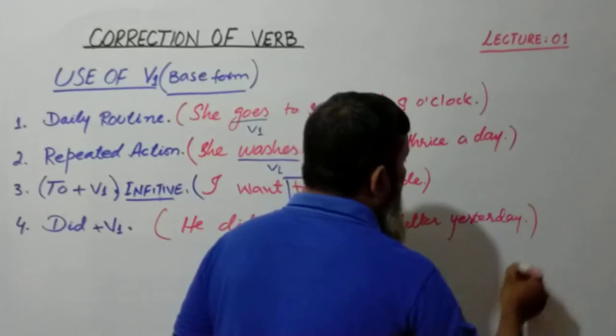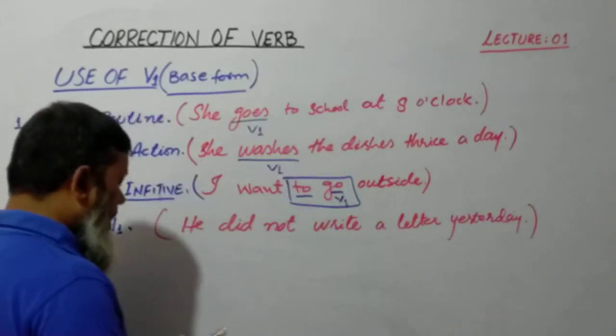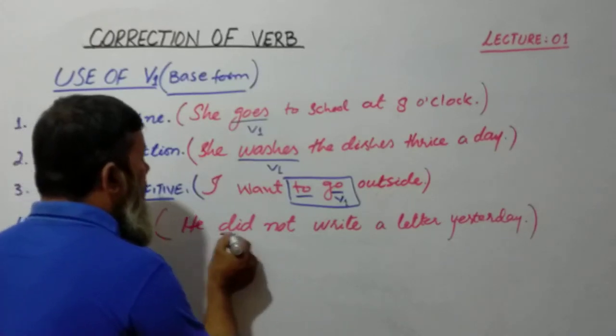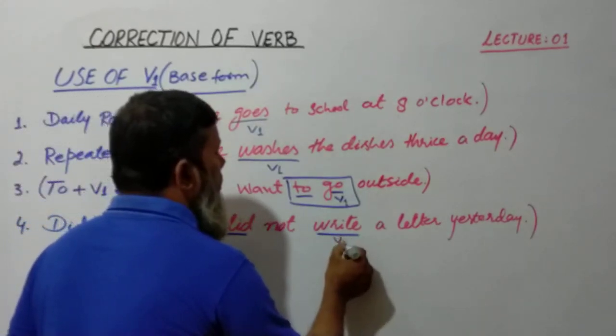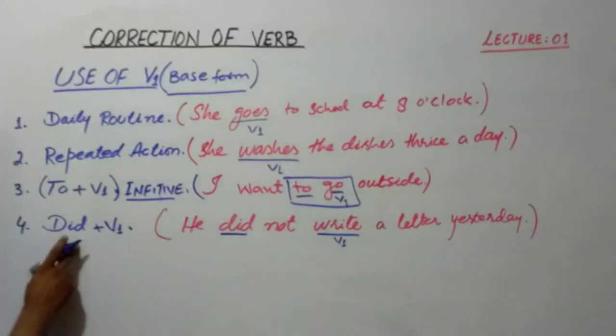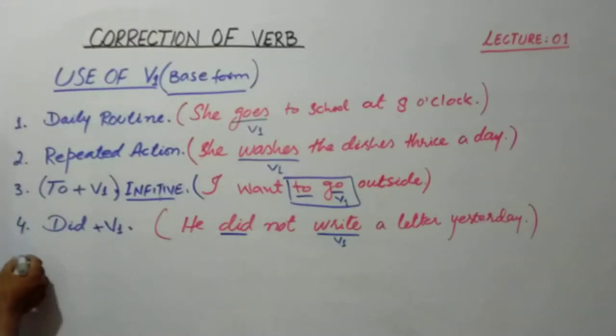Look here, did is used, and after did we use the first form of the verb. So number 4, after did we use the first form of the verb.